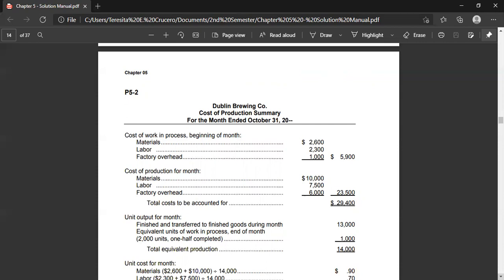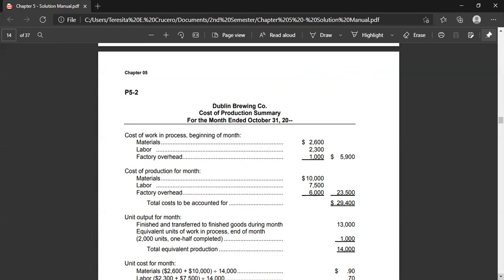Now prepare cost of production summary. Now for the cost of the work in process, at the beginning of the month, we have the total cost of 5,900, and then the production cost for the month total 23,500. So you end up with 29,400. That's the total cost to be accounted for.